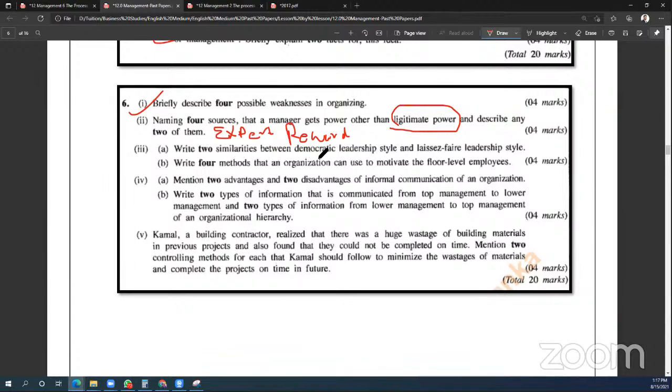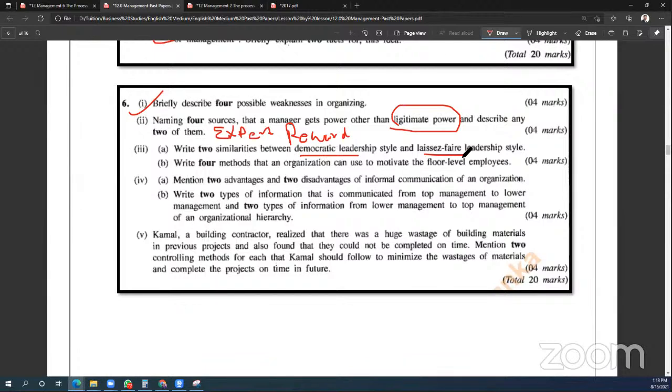Two similarities between democratic leadership and laissez-faire leadership. Democratic means you give a chance to make decisions. Laissez-faire means you give full freedom. You get the support and cooperation from subordinates, you give the freedom to make decisions, and you trust them. In laissez-faire you fully trust your subordinates, which is why you let them do it. Laissez-faire is French for let them do.